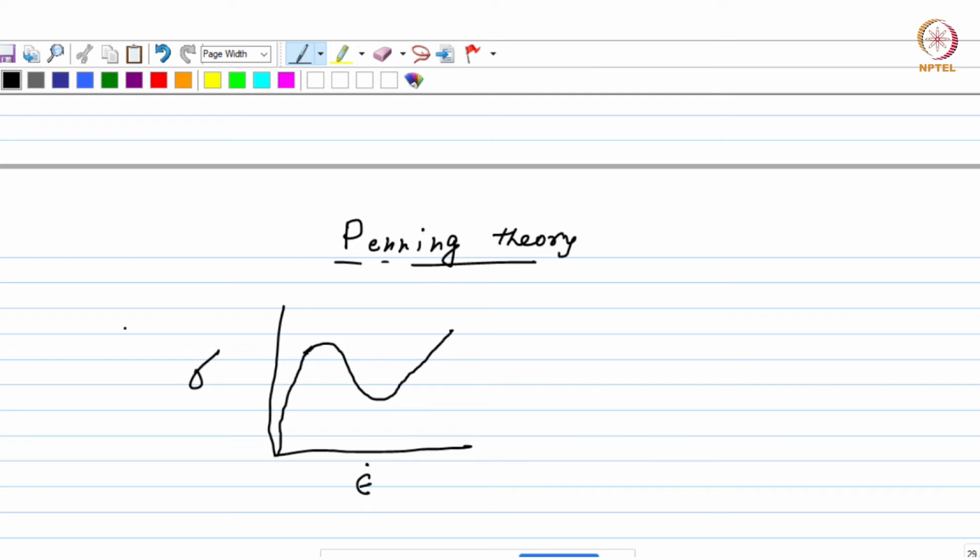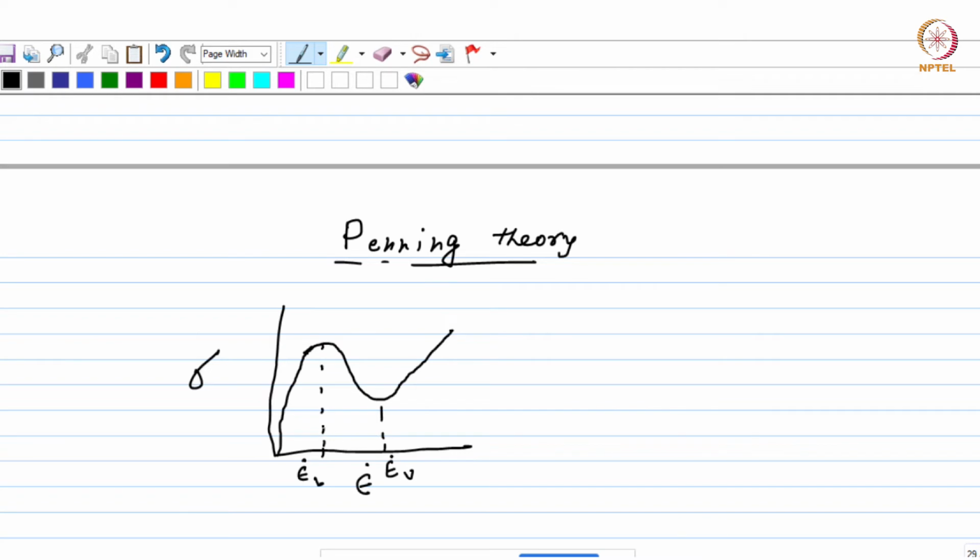Okay. So this is the strain rate range in which the DSA would occur. This is the lower limit. Let us call that as epsilon dot L, and this is the upper limit. We can call that as epsilon dot U. Okay.